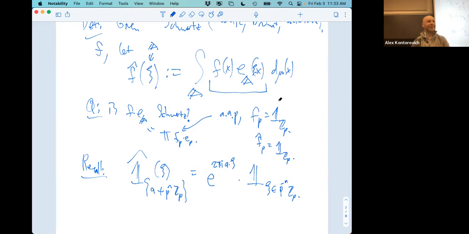That also tells us that we can evaluate this integral, because when we take this transform, it's a question of whether ξ is in Z_p, but eventually ξ is in Z_p, because ξ is in the adeles. So this integral will just be 1 for all but finitely many places.